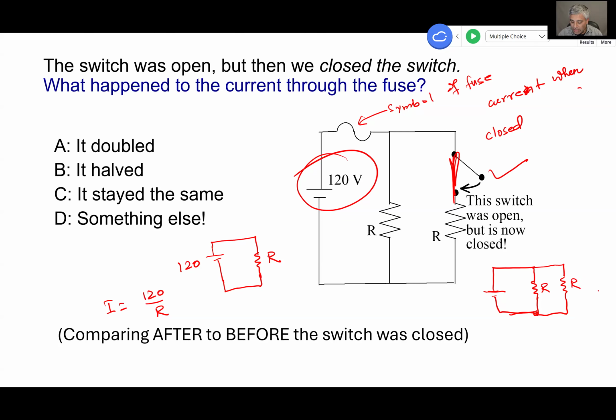And when two resistors are in parallel, the equivalent resistance is going to be half of those. Okay.